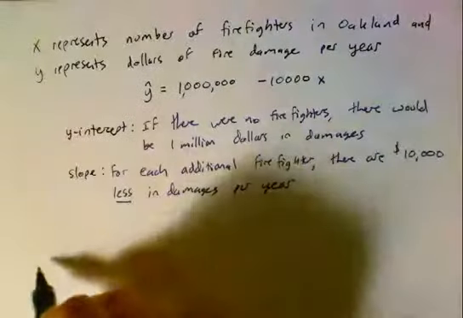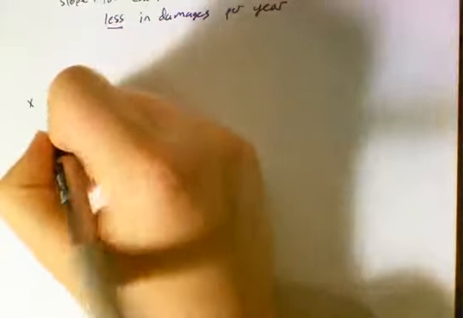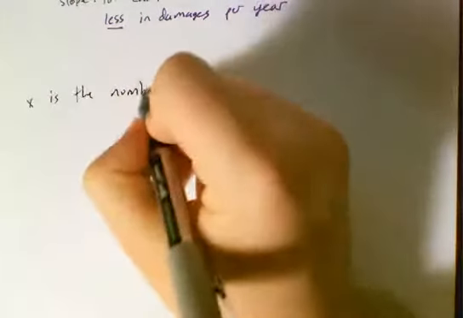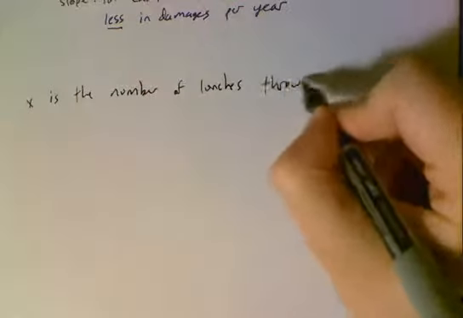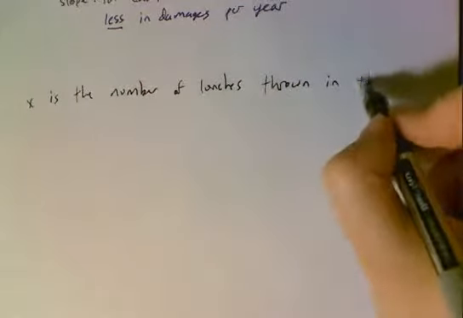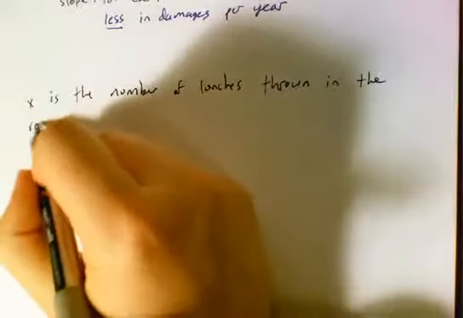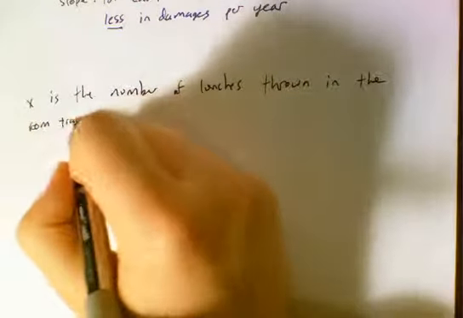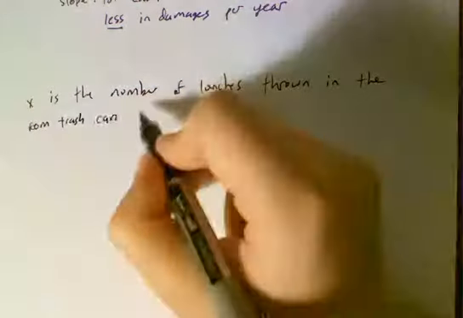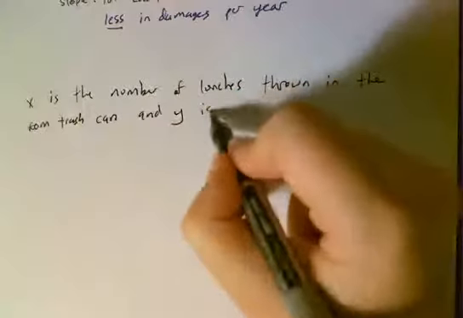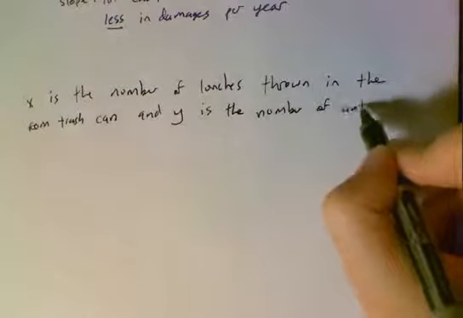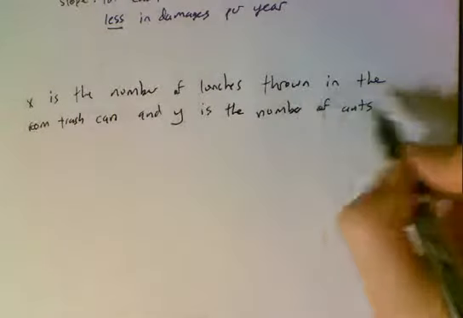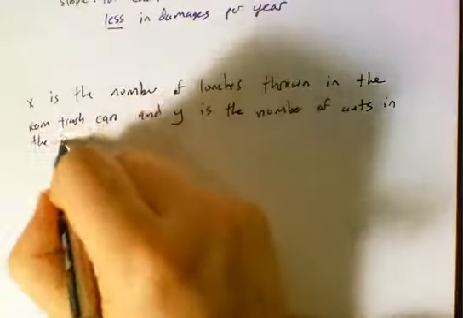However, notice that sometimes something like this will happen. X is the number of lunches thrown in the room trash can, not outside. And Y is the number of ants in the room after lunch.